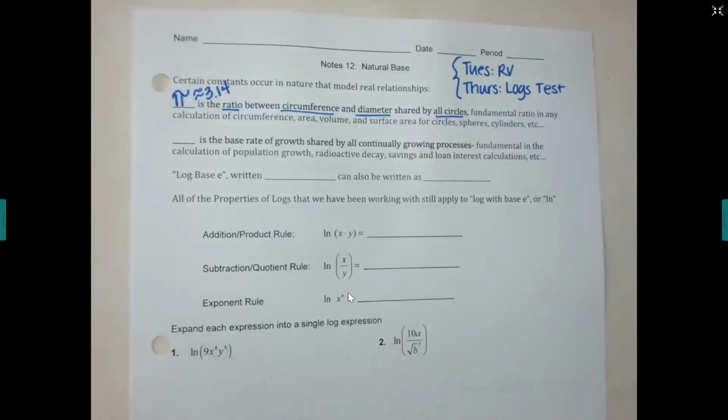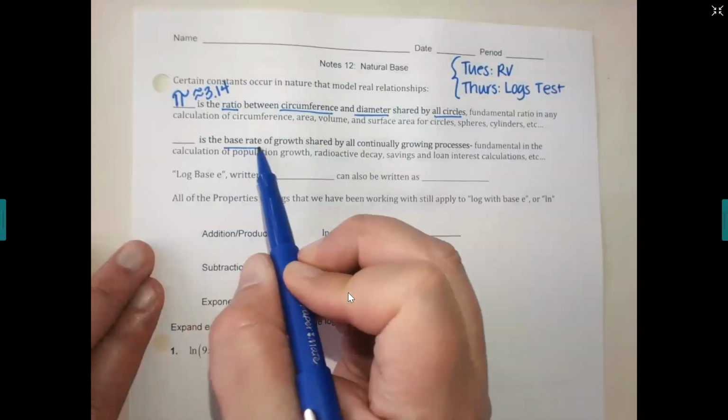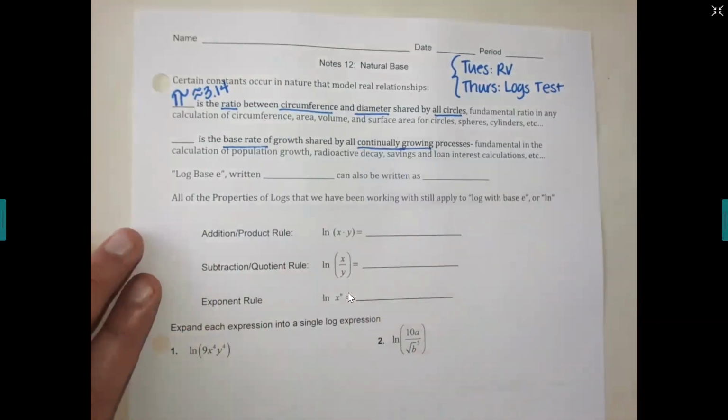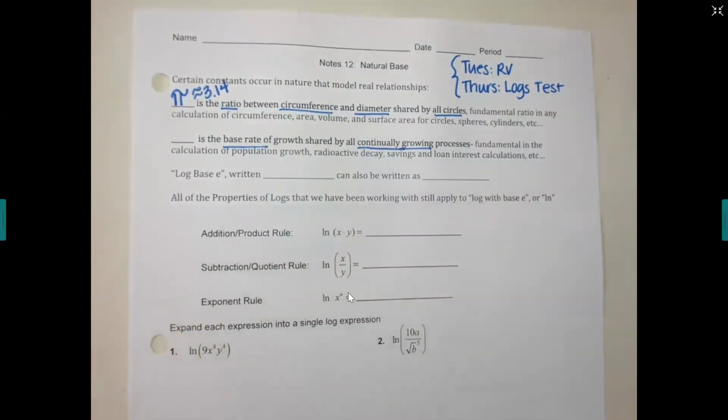This is the number that almost everybody knows just because you've seen it so much in geometry and algebra 1. But there's another letter that stands for a number that has to do with exponential growth. It's going to be the base rate for continual growth. Any guesses? This is actually an English letter that you've seen in lots of equations.